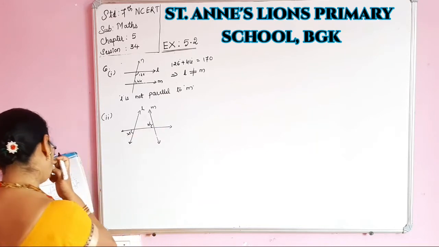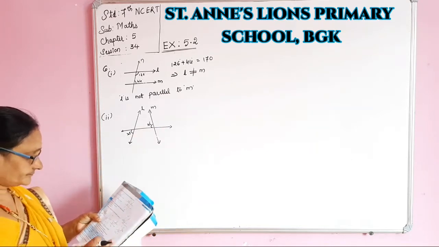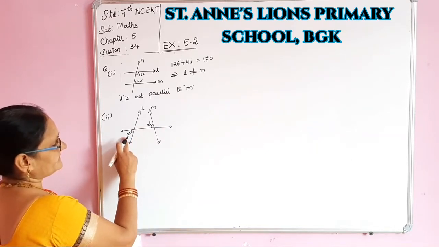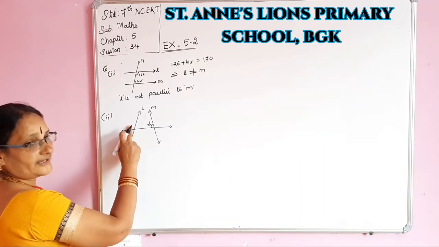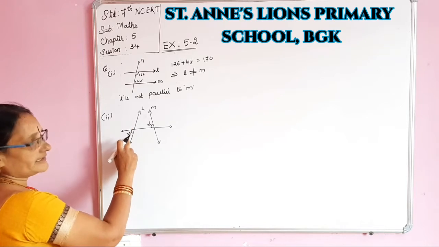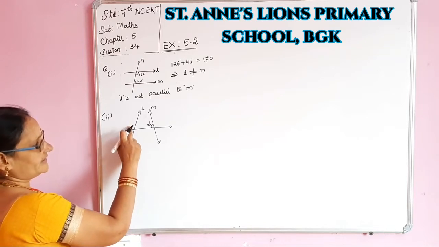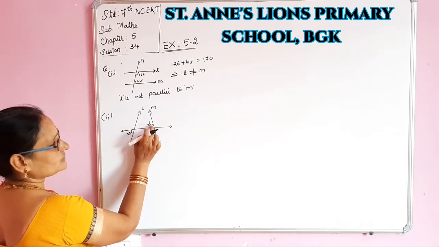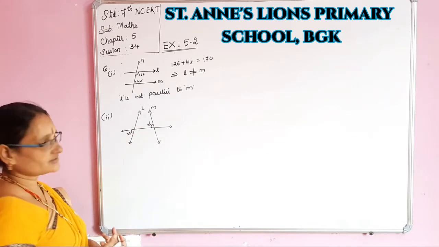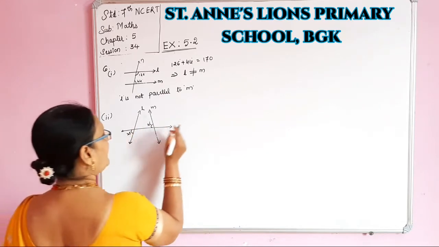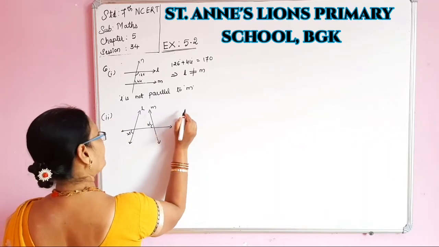See now, here this angle is 75 degrees. Then what about this angle? 105. Why? Because these two are a linear pair. If this is 105, automatically this also must be 105. So they are not, L and M are not parallel.